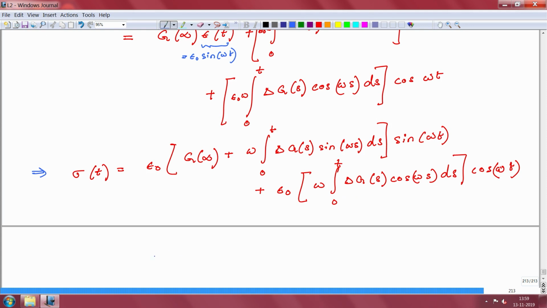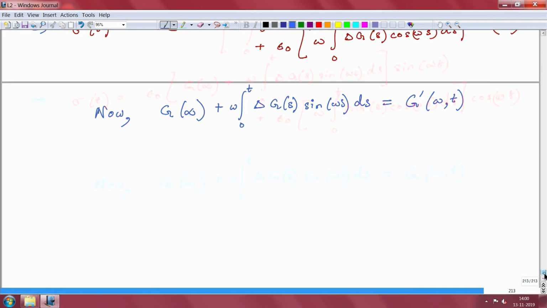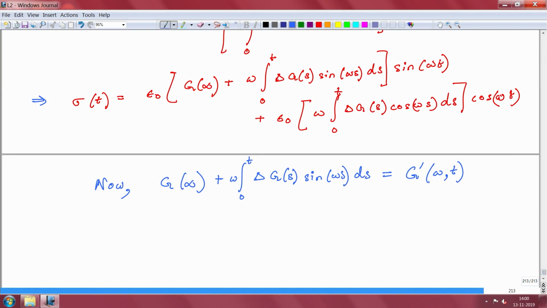So, I can say that this function now is equal to this function. I can say this is maybe some function which is a function of omega and some other function of time. So, g dash is some function that has to be computed, right.